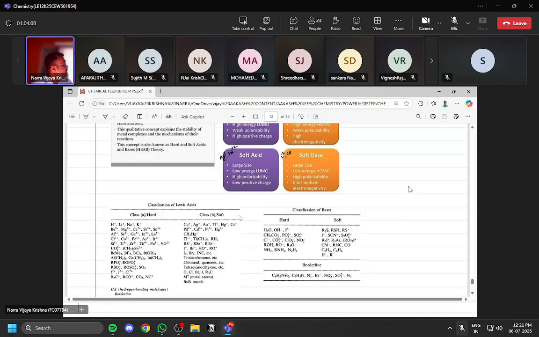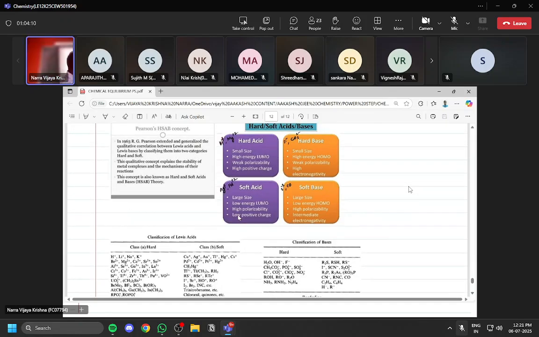Interaction is strong means polarizability must be high and it should be a good donor. Good donor means electronegativity should be low. If it is strongly electronegative, it will not donate electrons.